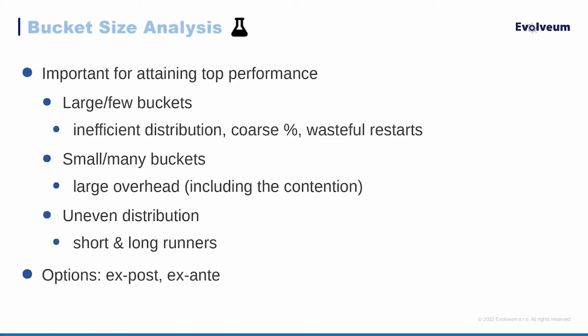Now for another, maybe even more useful kind of report, this feature is called bucket size analysis. When executing a task in a cluster, it is very important to do the bucketing in such a way that your buckets will have the right size.